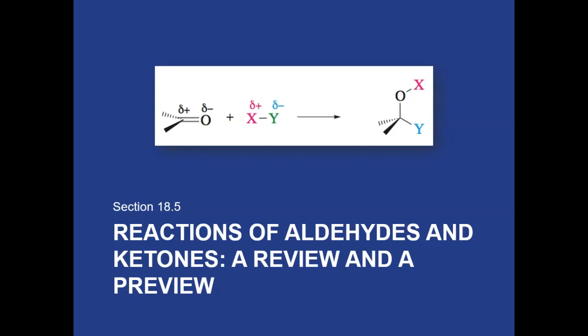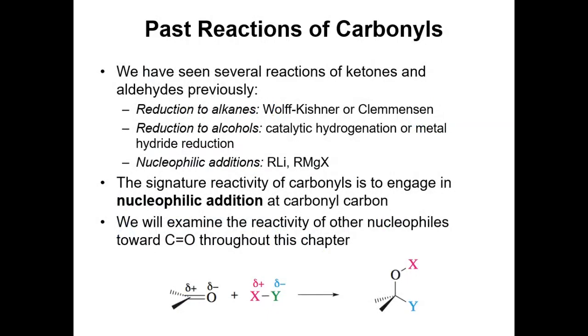Now we're going to learn some new reactions. We're going to look at the reactions of aldehydes and ketones. Actually, we already learned quite a few reactions of aldehydes and ketones, like Wolff-Kishner or Clemmensen reduction. These are two reactions that reduce the carbonyl group to CH2.